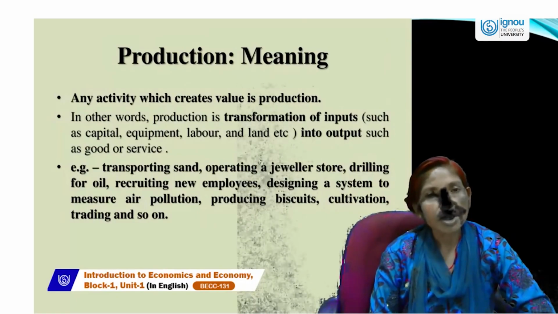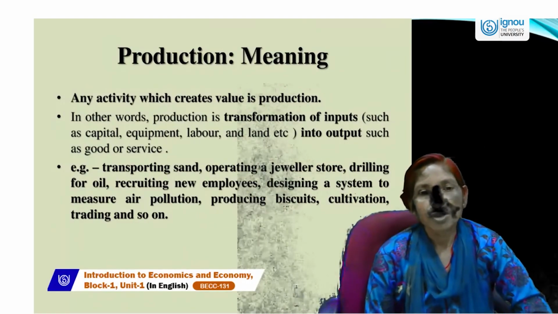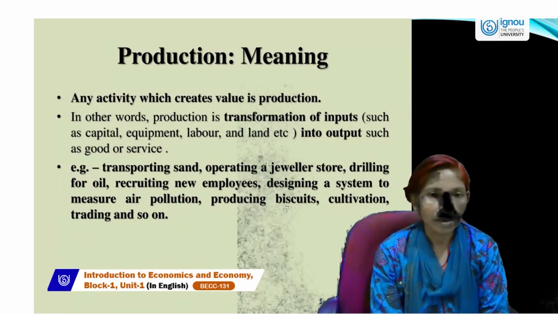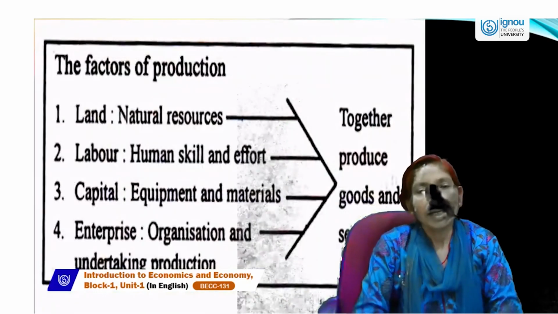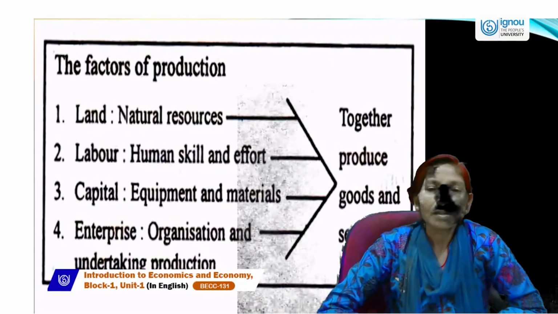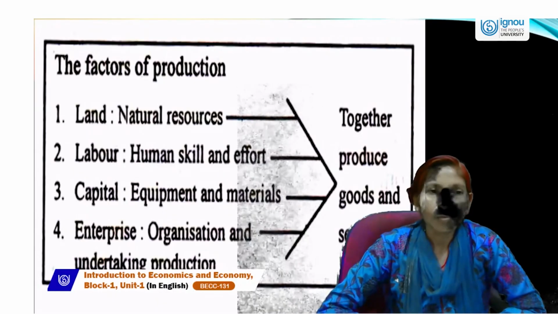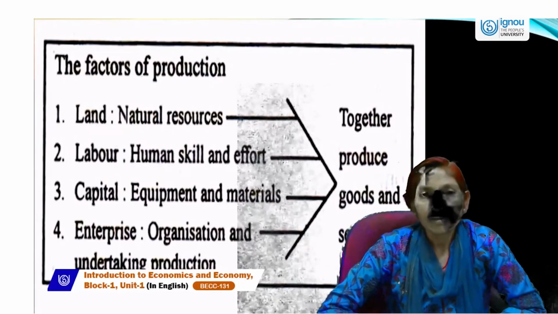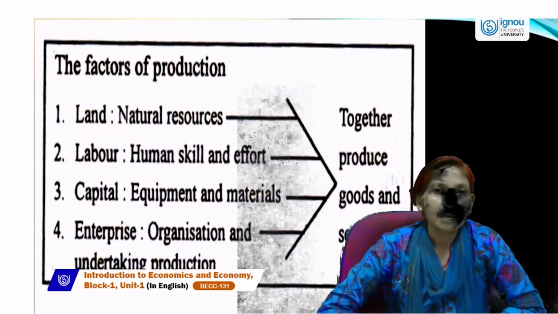So any activity which creates value is called production. Next is factors of production. Factors of production are basically four. One is land, second is labor, third is capital, fourth is enterprise.